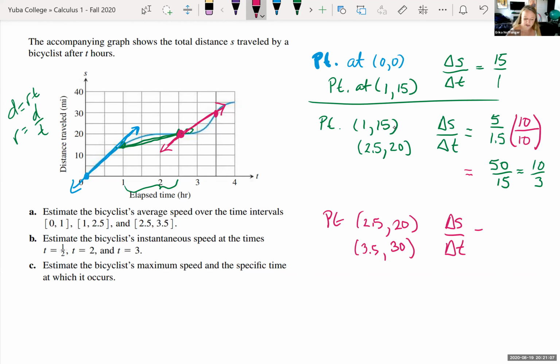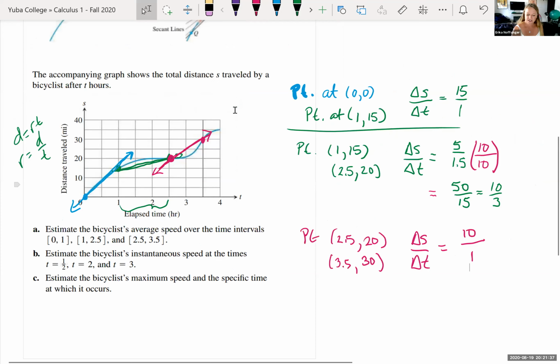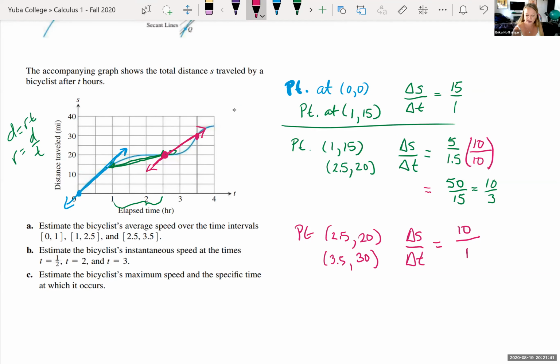So they went from 20 miles up to 30 miles, and they rose 10 miles all over the change in time. From 2.5 hours to 3.5 hours, that's just an hour. So here they're going 10 miles per hour. If you look at the slopes of these lines, you can tell that this blue line is steeper than this one in here. And our 3 1/3 miles per hour was our green, which was not as steep.